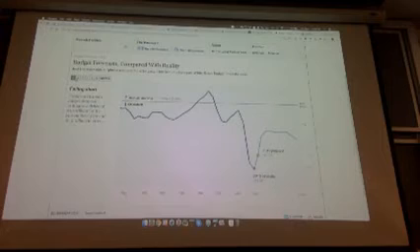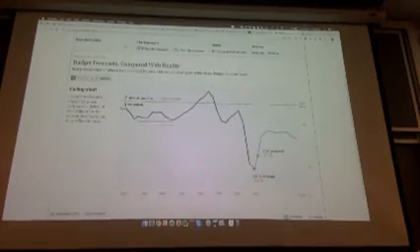We have this stepper, and the point of this is to compare budget forecasts with reality.